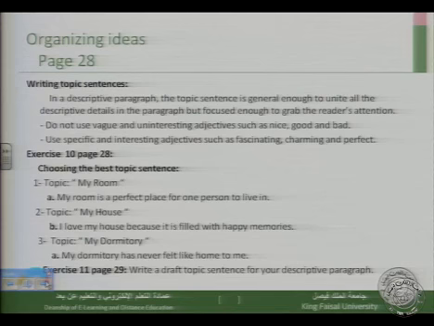Now, exercise 10, page 28, is an exercise that is related to writing the topic sentence. Open your books on page 28. So here the exercise says choosing the best topic sentence. For each set of topic sentences below, put a tick mark next to the best topic sentence, the one that is focused and interesting.